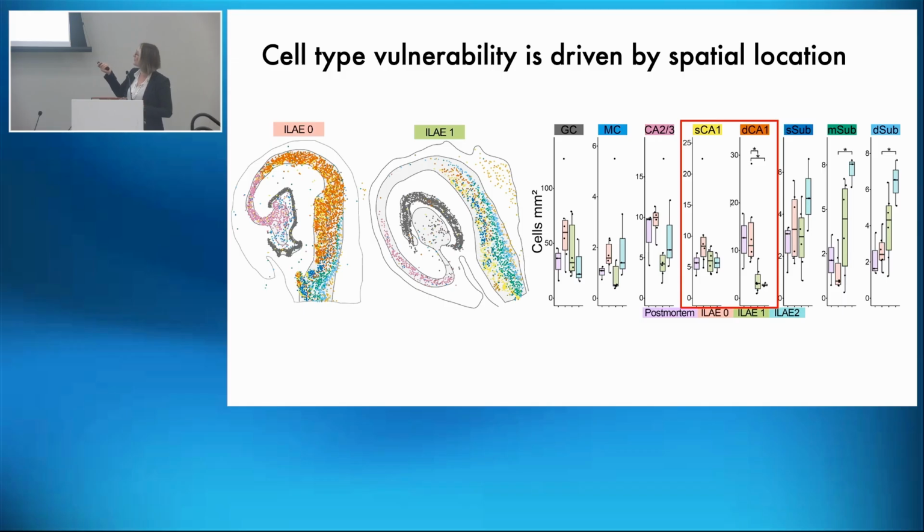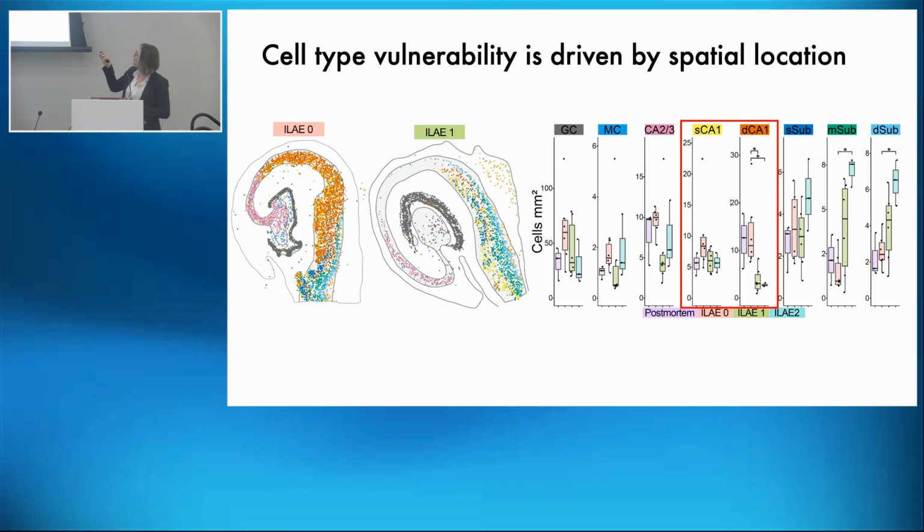For those who don't know where the deep and the superficial CA1 cells sit: deep in the hippocampus is an area that is closer to the alveus, so to the outside, and the superficial is more to the inside, the way that cortex is layered. What I found is that the specific cell loss is associated with a distal CA1, versus a proximal CA1, which is closer to the CA2.